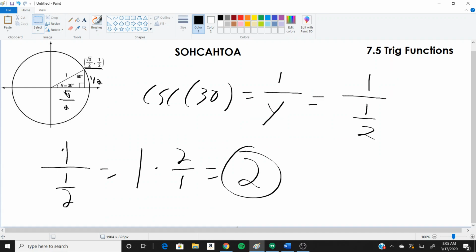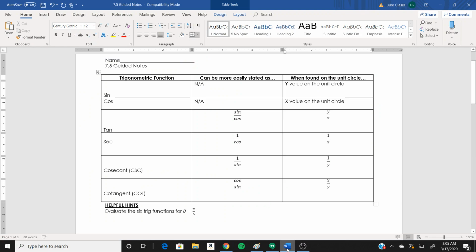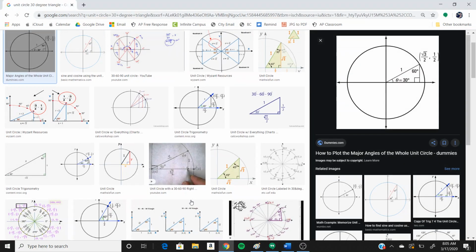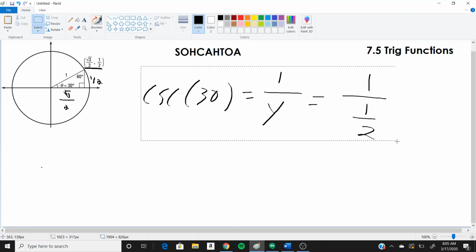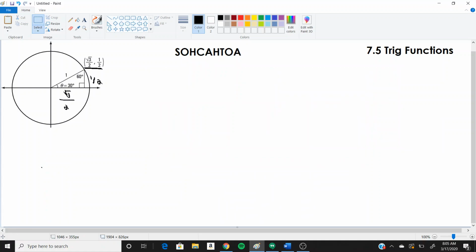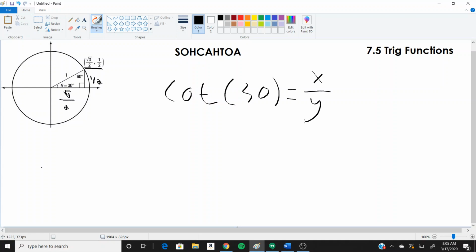So let's go back, take a look at that again. Let's come over here now and do the cotangent of 30. We know that it is x over y, your x value over your y value.